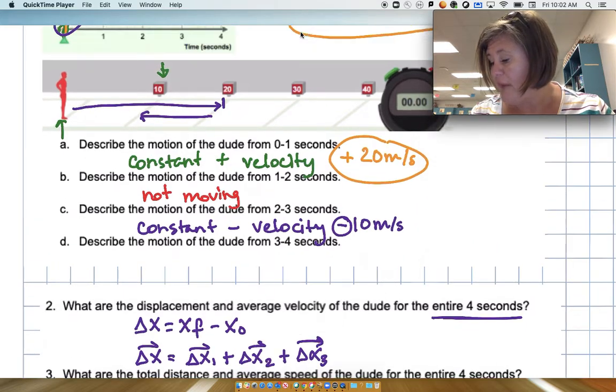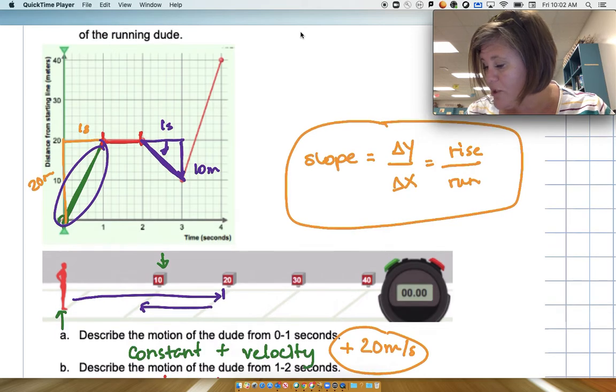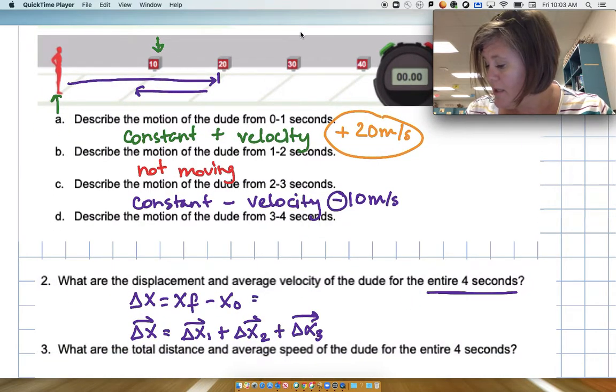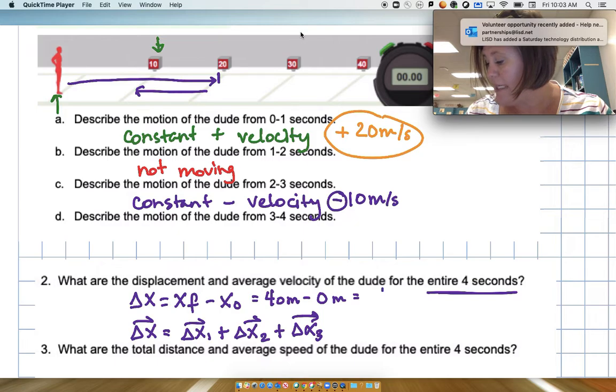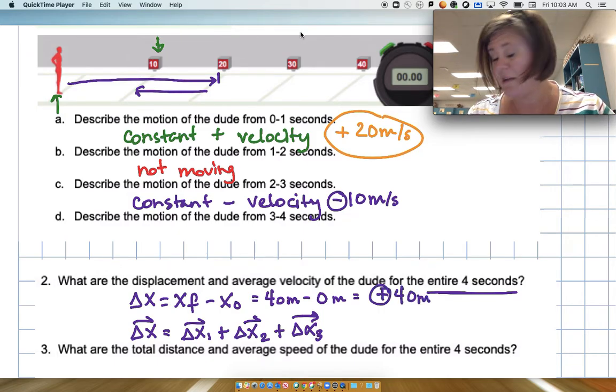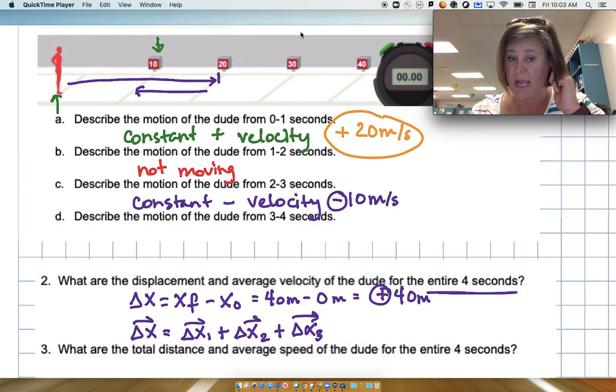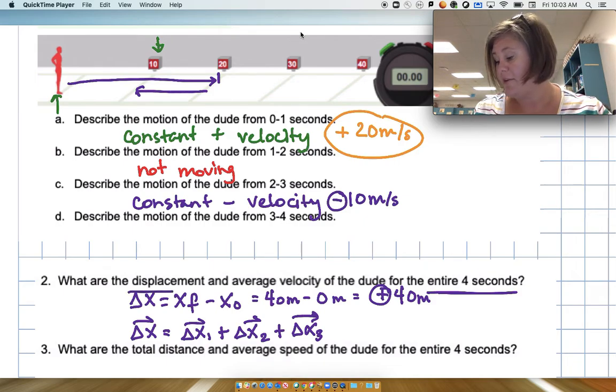If you use the final position minus the initial position, you can see the final position is 40. The initial position is 0. So 40 meters minus 0 meters, that is positive 40 meters. Again, you have to include that direction, okay?